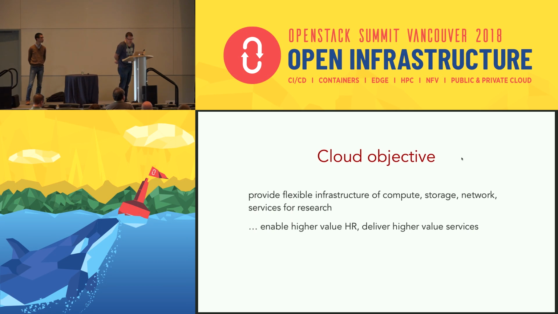Cloud objectives. Pretty straightforward: provide flexible infrastructure for compute, storage and network services for research. A little bit of background from us: we are coming from an HPC sector, so most of our customers are HPC users.